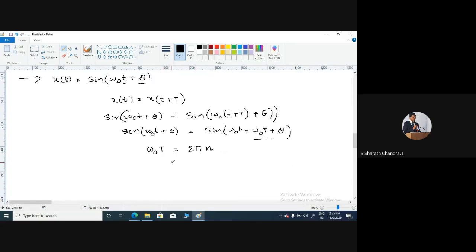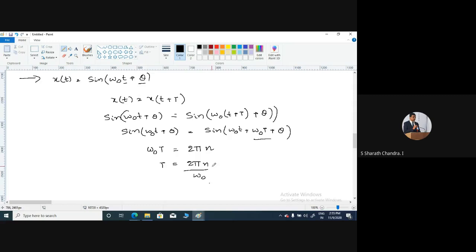From this relation, you can write that capital T is equal to 2 pi times n by omega naught. Therefore, whenever capital T is equal to 2 pi n by omega naught, x of t is equal to sine of (omega naught t plus theta) is a periodic signal with a period of 2 pi n by omega naught.